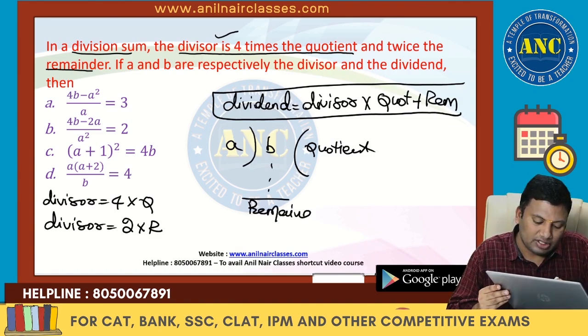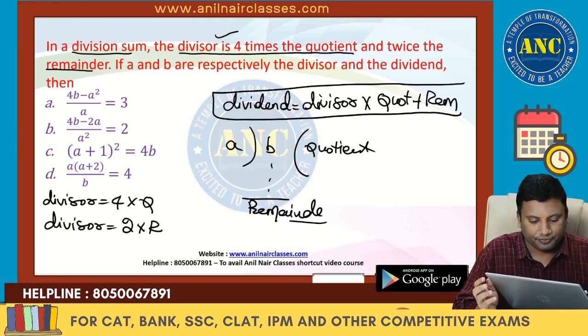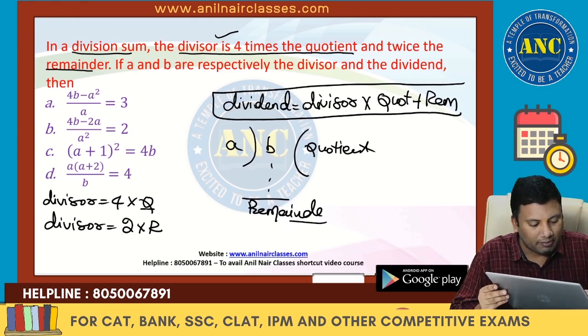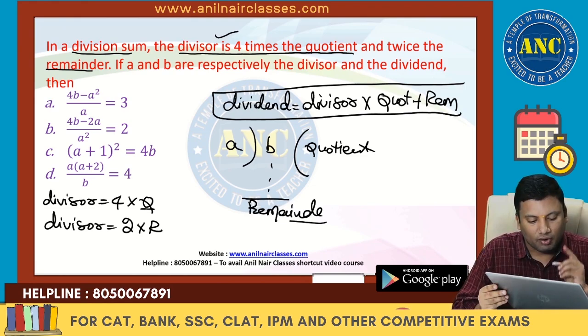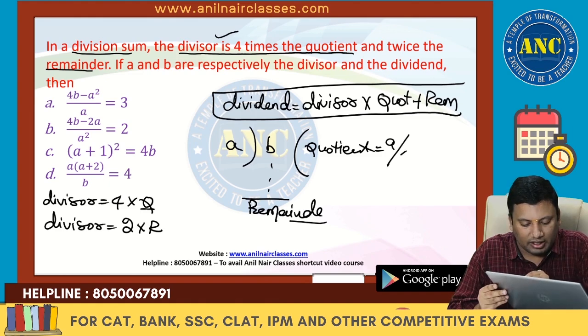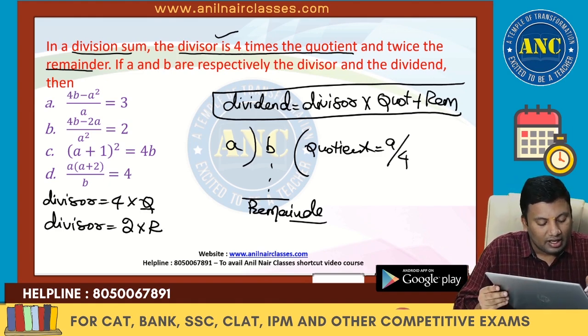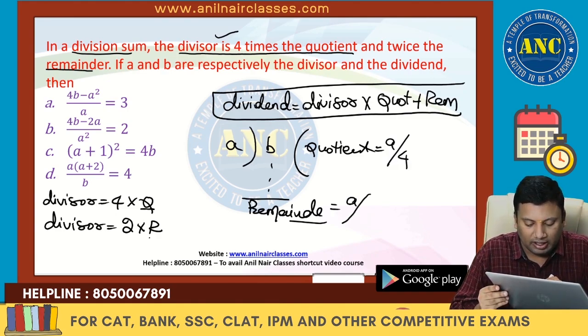One by one, just substitute. Easy question. Quotient is nothing but divisor by 4, which is nothing but A by 4. Remainder is nothing but divisor by 2, which is A by 2.